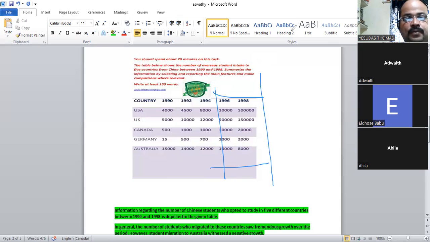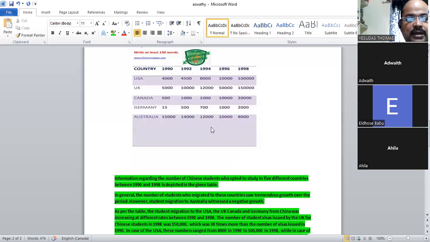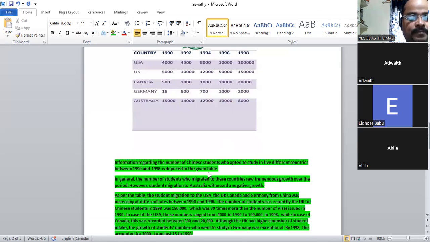Now, let's go ahead and see the introduction. Information regarding the number of Chinese students who opted to study in 5 different countries between 1990 and 1998 is depicted in the given table.